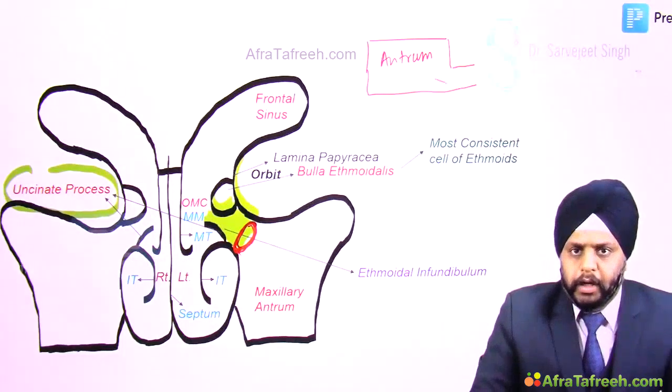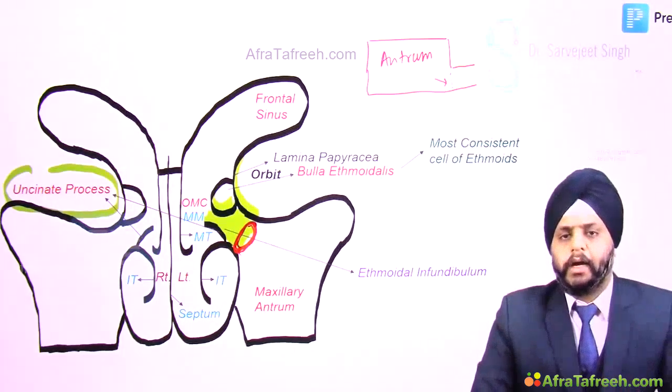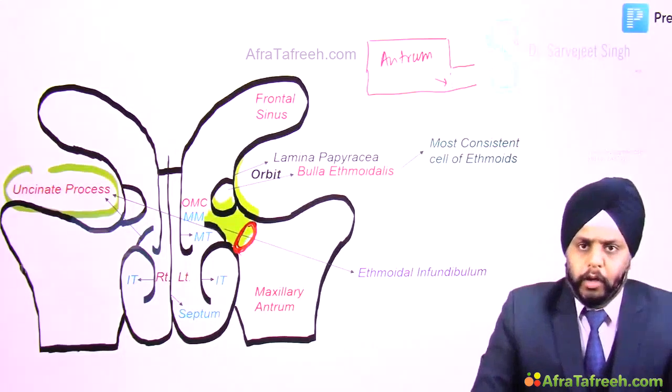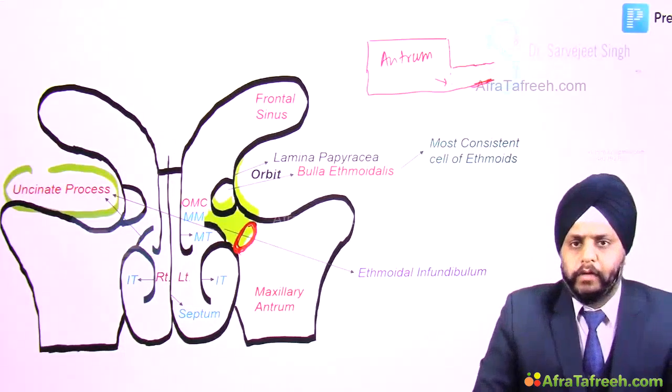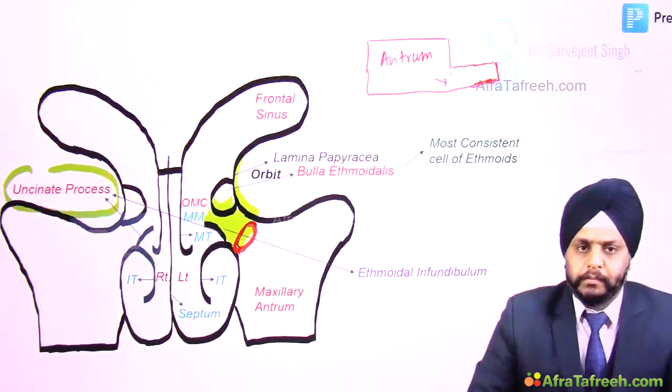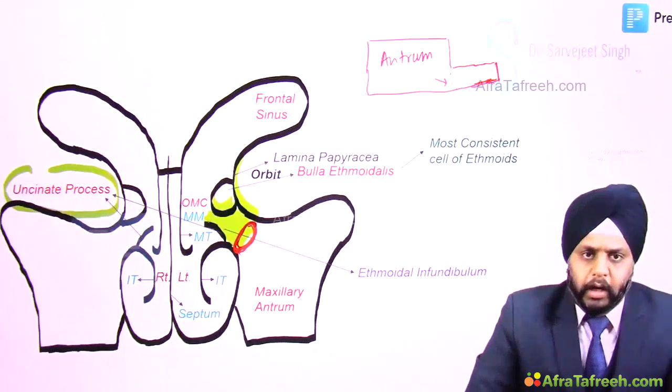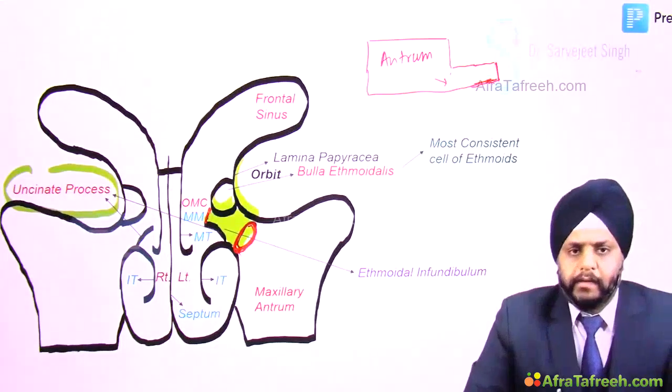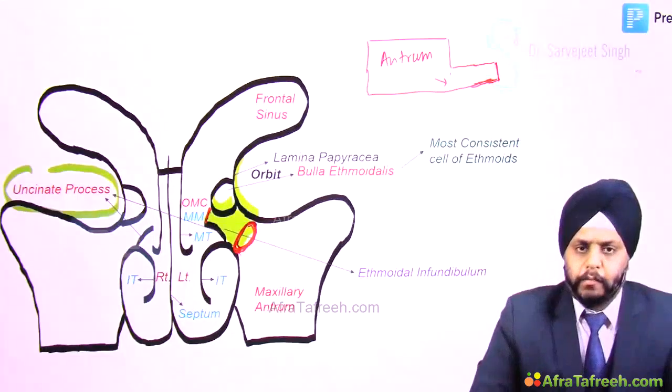This over here is the place where the antrum ends. Now we have a long and narrow pathway. This long and narrow pathway is known as infundibulum. Where it ends, there is a plane, the last point.